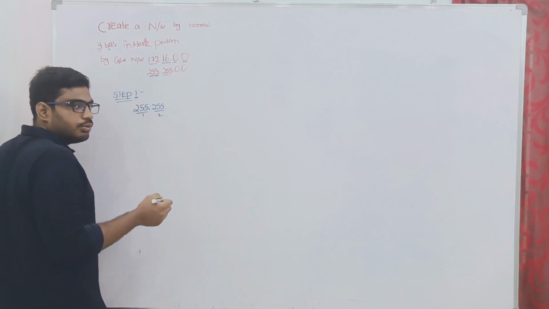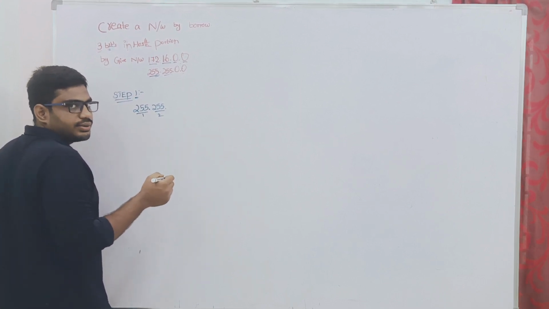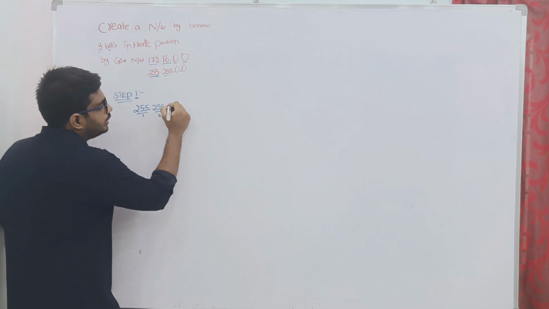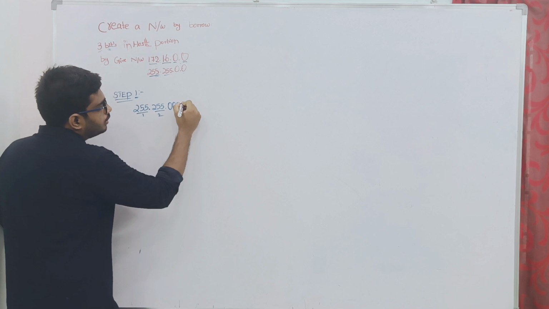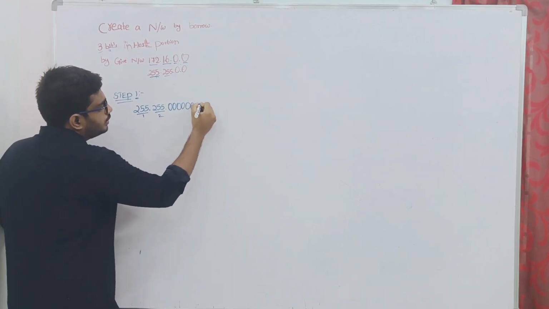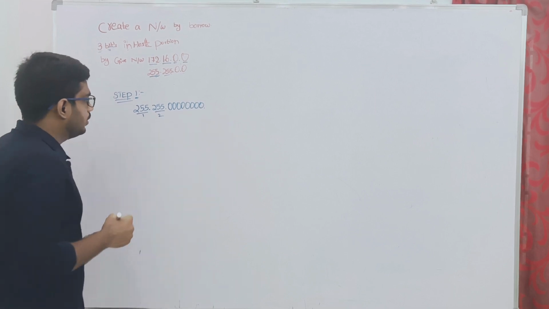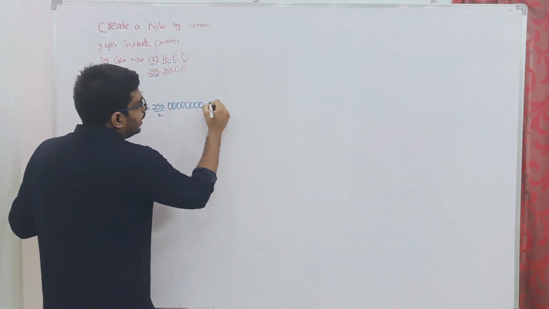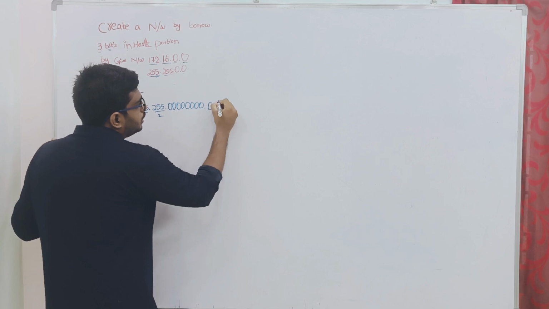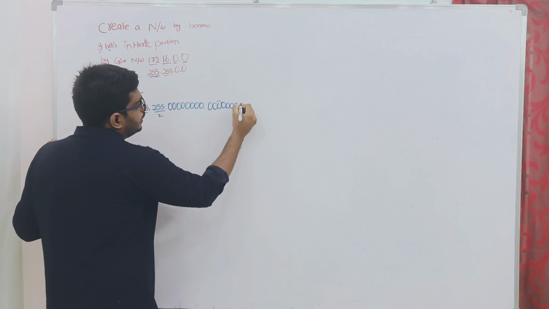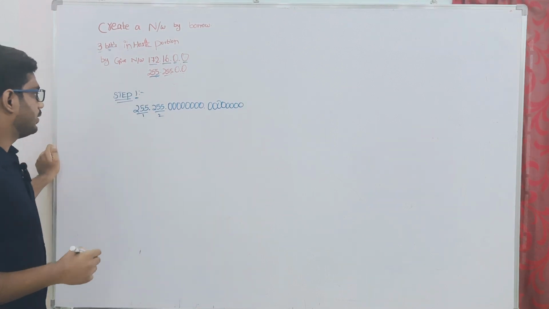Convert the host portion into binary. Each octet in the IP address is 8 bits. So what do we write here? 1, 2, 3, 4, 5, 6, 7, 8 dot, 1, 2, 3, 4, 5, 6, 7, 8, the fourth octet.